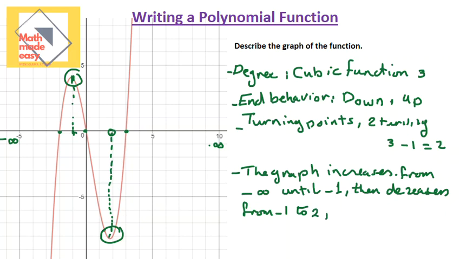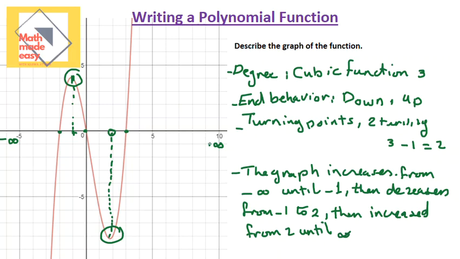Then it started increasing again, from that 2 until forever. This graph is going to continue increasing forever, so until infinity.